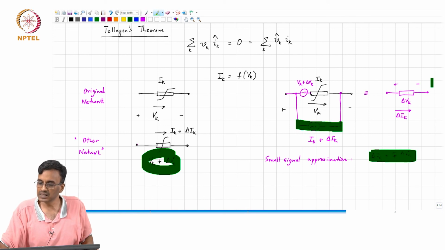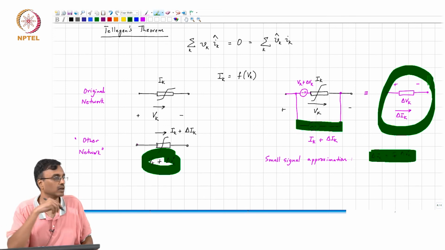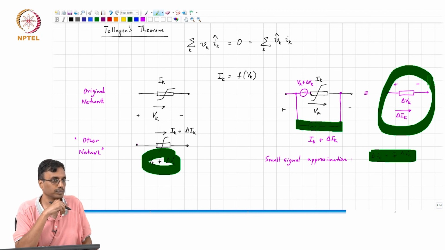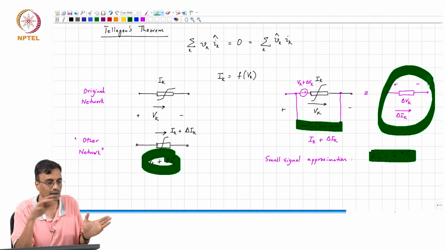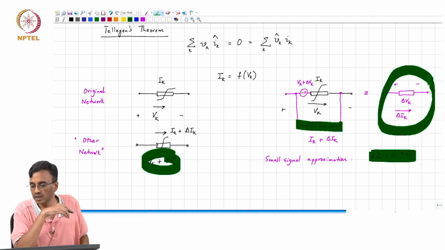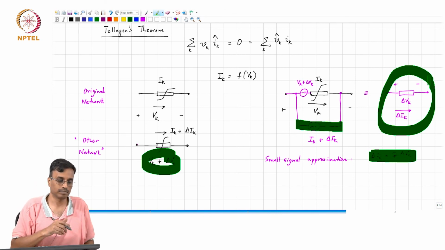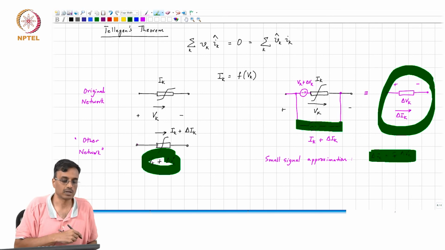This is always true. So, the changes in the voltages and currents still obey KCL, KVL. The moment you relate the change in voltage to the change in current through a linear equation, that's when you have made an approximation, all right.